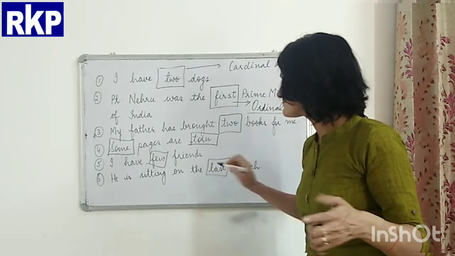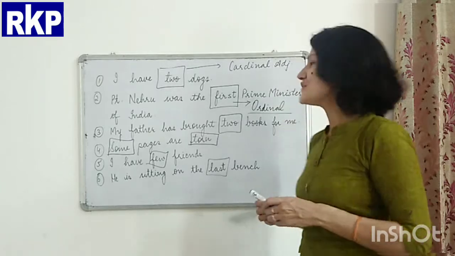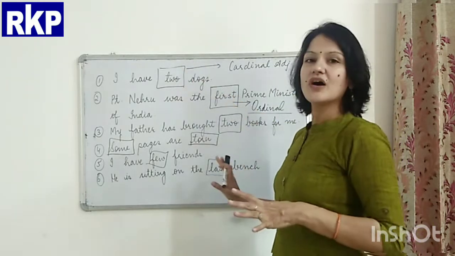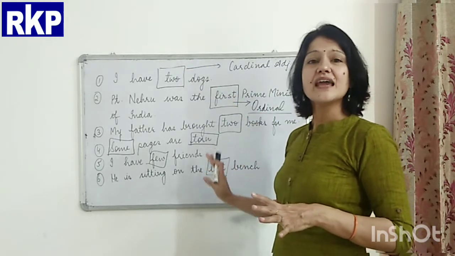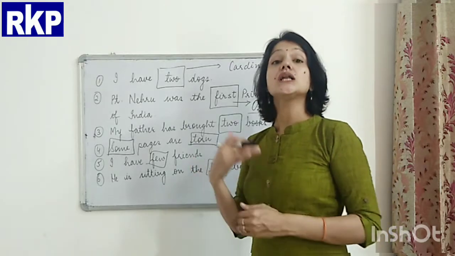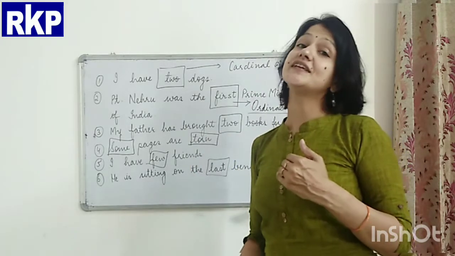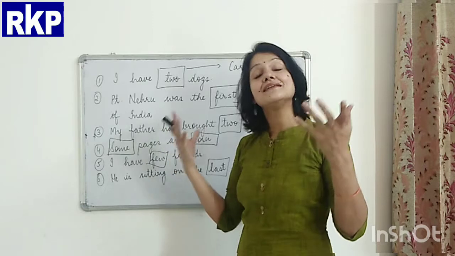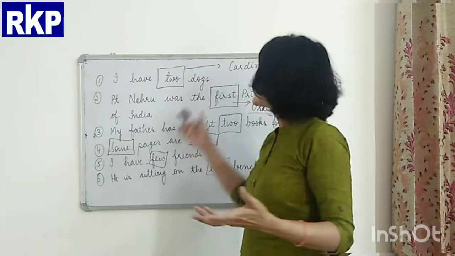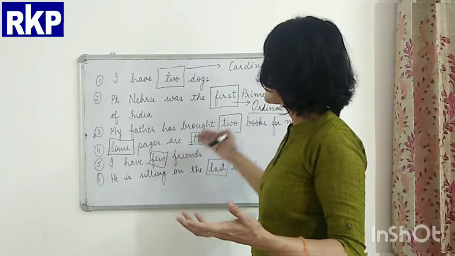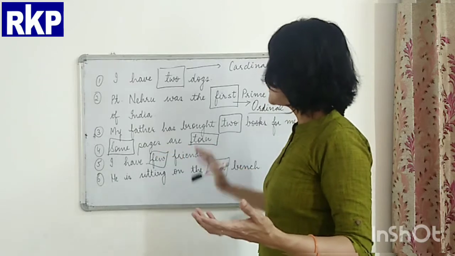Last bench. So you see here, all these adjectives are telling us about the number of the noun in the sentence, like 2, first, some, few, last.